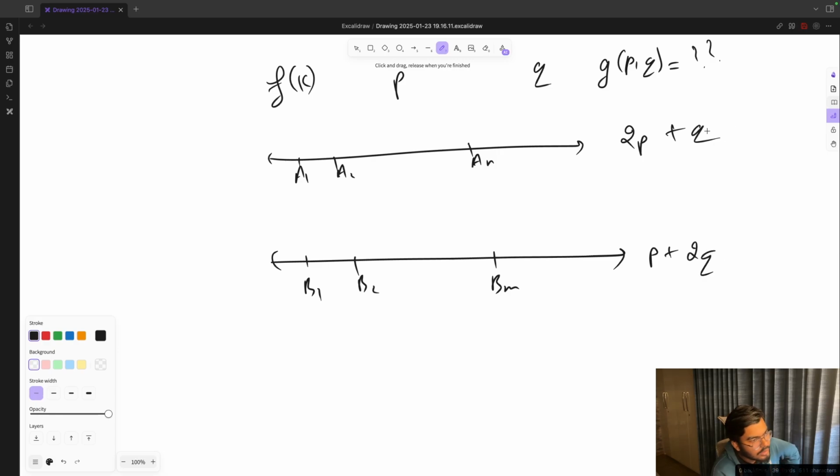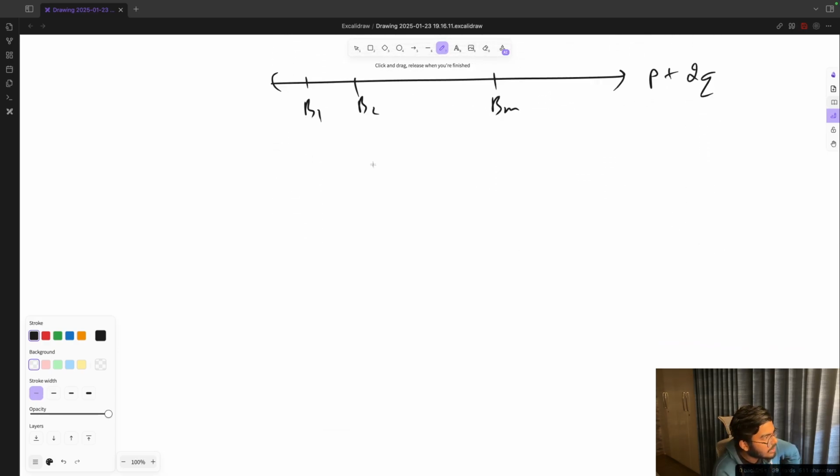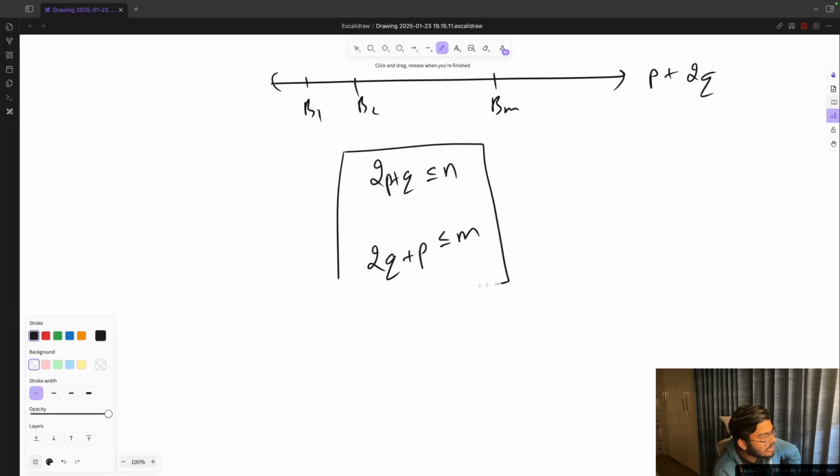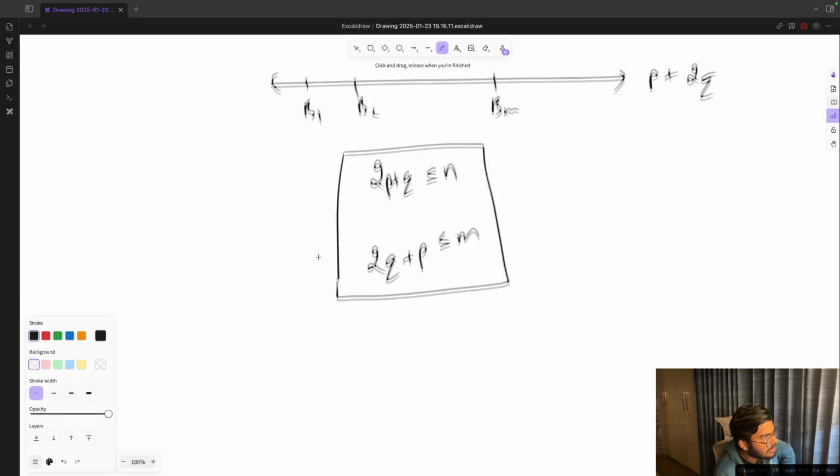So the constraints are simply that 2p plus q should be less than or equal to n, and 2q plus p should be less than or equal to m. These are the two constraints we need to take care of while solving this problem.